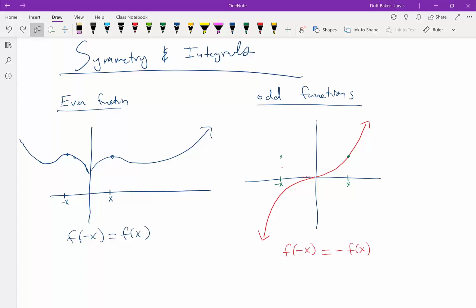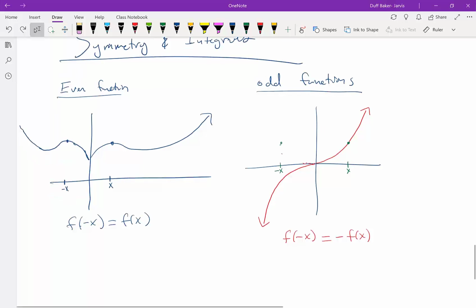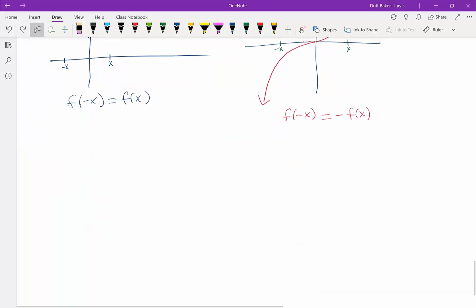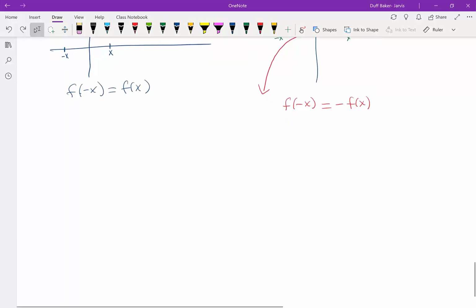Now, what do these have to do with integrals? Well, nothing by themselves, but if we take certain types of integrals, we need a definition. So now we're just talking about the number line.